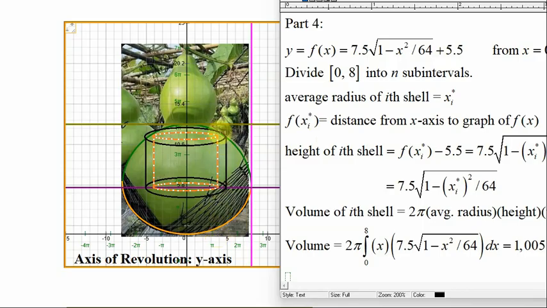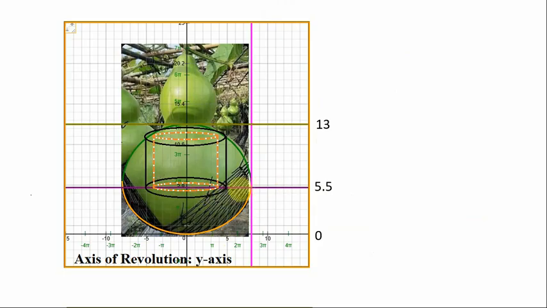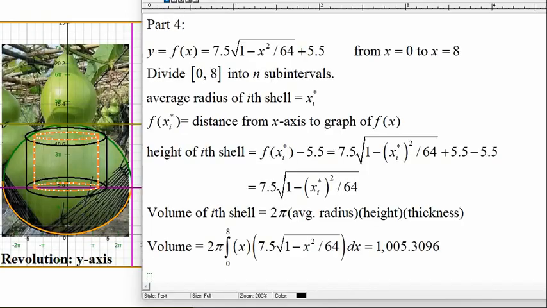And therefore the height will be f of x sub i star minus 5.5. So we get f of x sub i star minus 5.5, and then we end up with 7.5 times the square root of 1 minus x sub i star squared divided by 64.